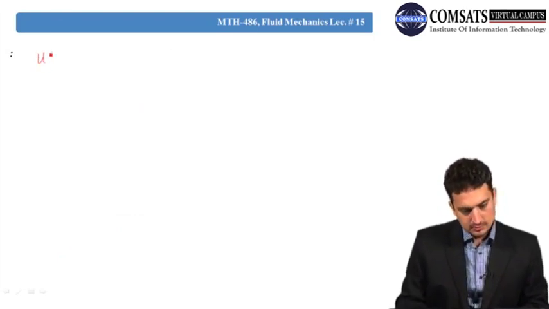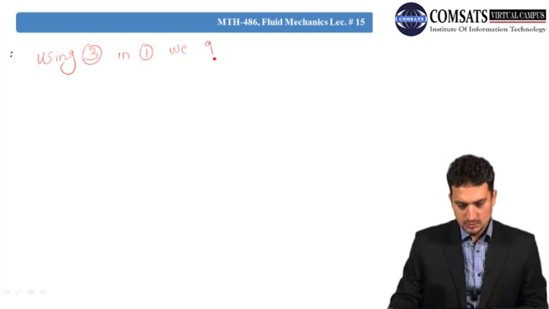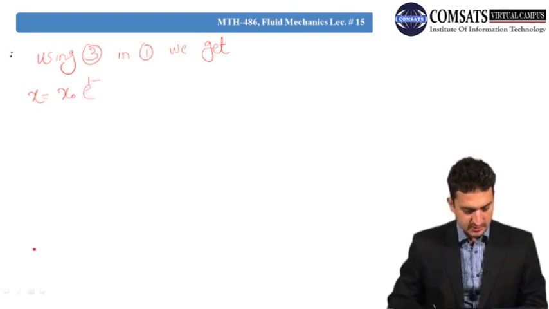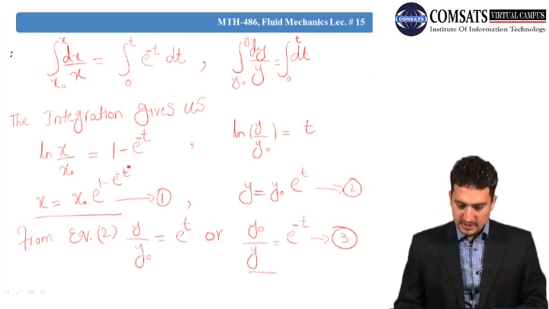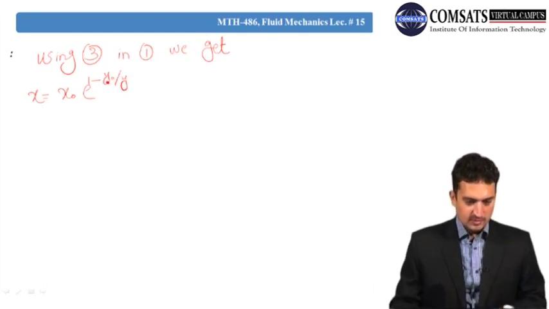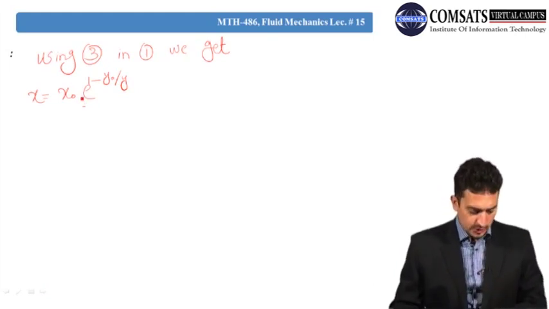Now using equation 3 in 1, we get x is equal to x naught e to the power 1 minus e to the power minus t, and instead of e to the power minus t you will substitute y naught over y. So this is the form which we get when we substitute e to the power minus t into equation 1.